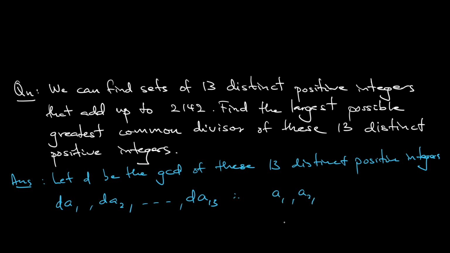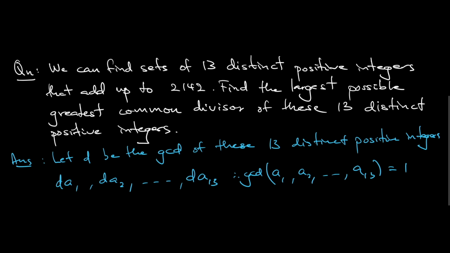So that means that the GCD of A1, A2, all the way until A13 is 1, because D is already the largest common factor taken out, so there is no more common factor other than 1. Also let S be the sum of all those A's, A1, A2, all the way until A13.